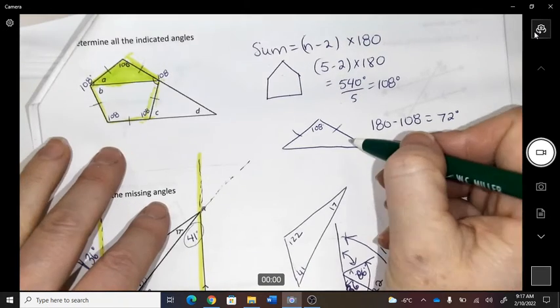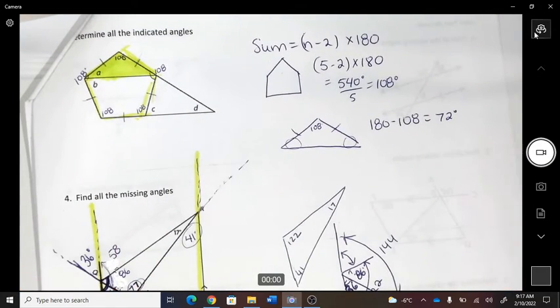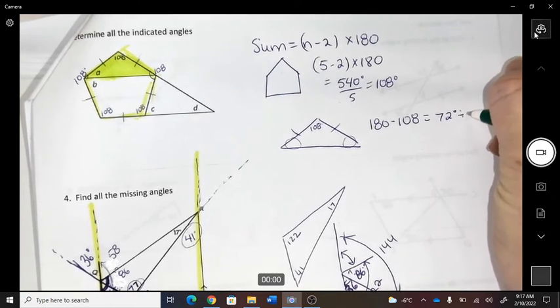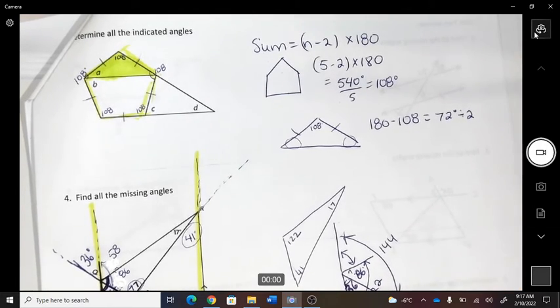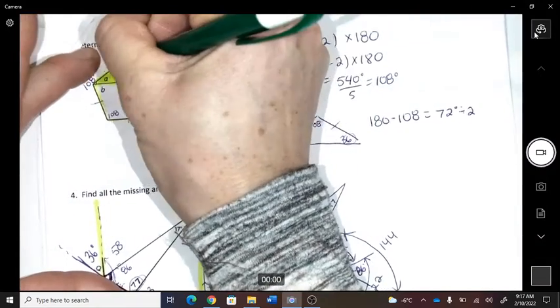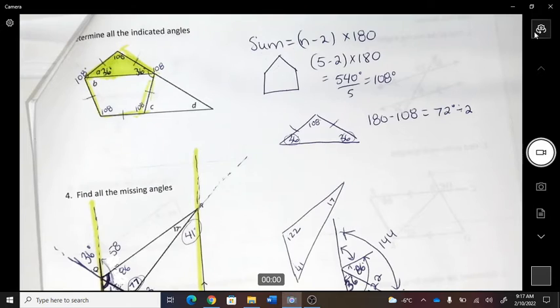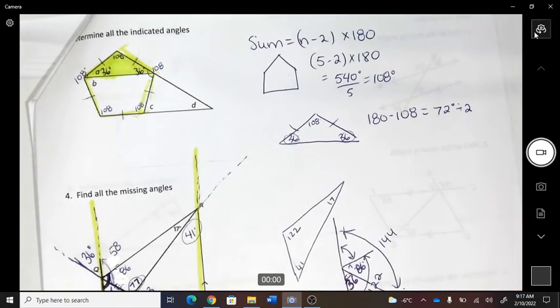And what would you think about the properties of those two bottom angles on this? They're the same. So I'm thinking, hey, if I divide this by 2, then they both have to be 36. So I already have A. So whatever you have left, you cut in half, right?